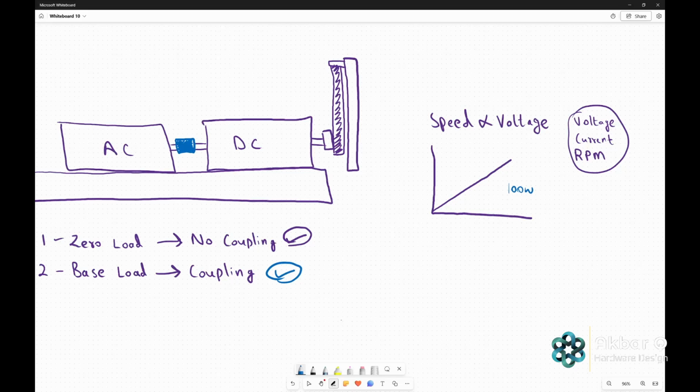So if this measurement is already done, you don't have to worry about sheet number 1, sheet number 2, sheet number 3. Again, sheet number 3 is the characterization of the DC motor using a fixed load. After this is done, you can test the AC machine as many times as you want. Roughly speaking, the characterization will be valid.